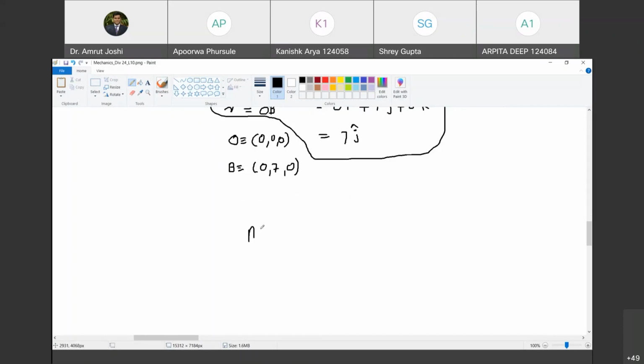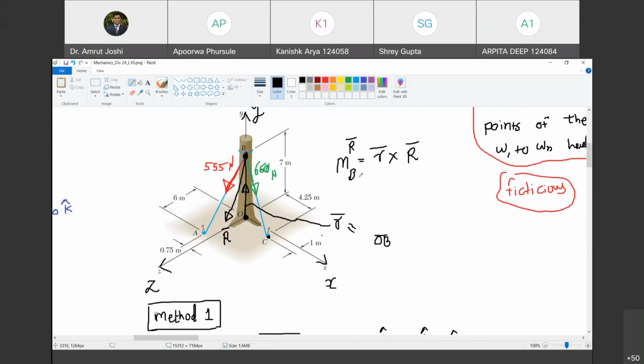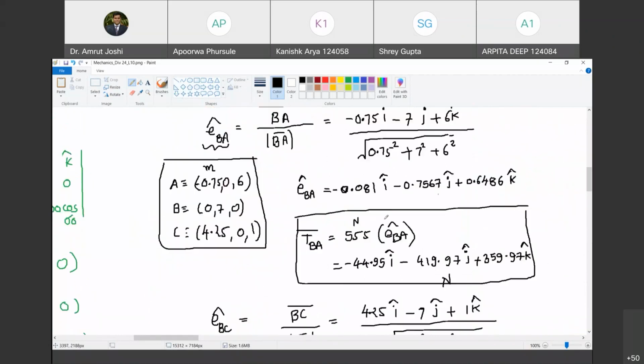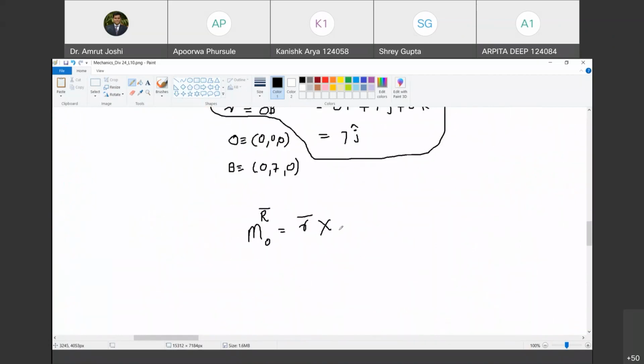So what is moment of R bar about O? Sorry, it is not about B. It is about O. Moment is to be calculated about O. Are you with me? Yes, sir. So small r bar cross capital R bar. How do I write that?